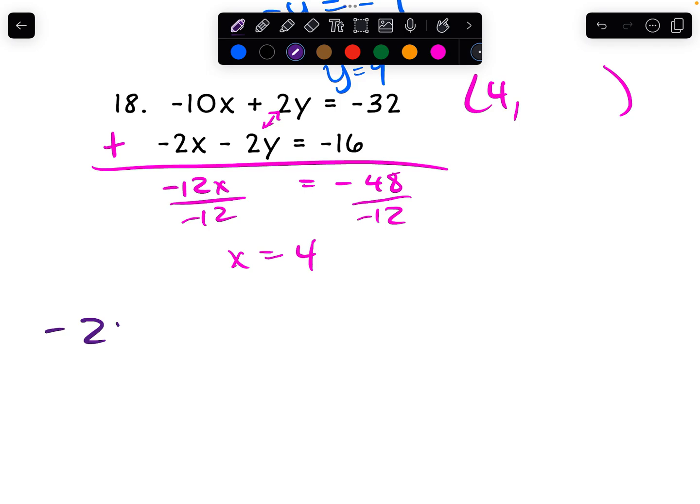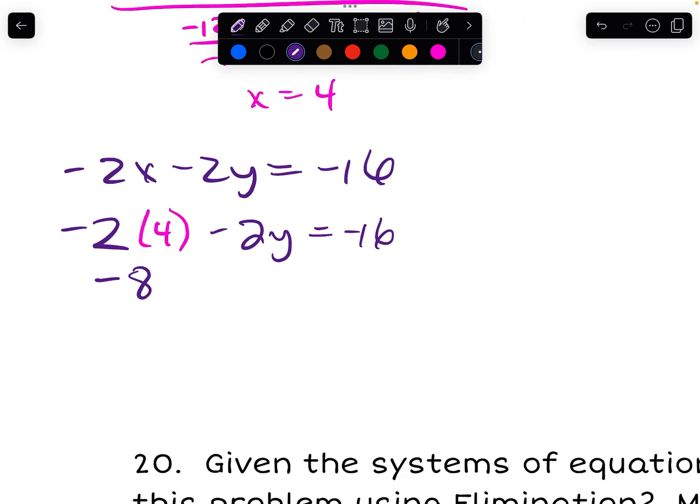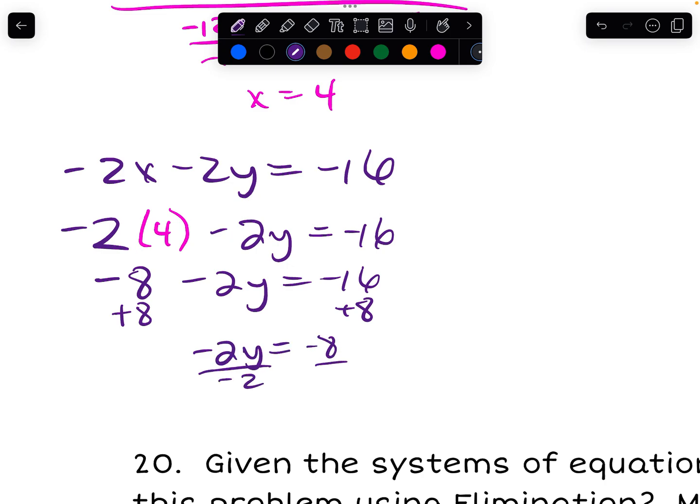So -2x minus 2y equals -16. I'm going to replace the x, so -2 times 4 minus 2y equals -16. So I get -8 minus 2y equals -16. Add 8. Add 8. -2y equals -8. Divide by -2, and y equals 4.